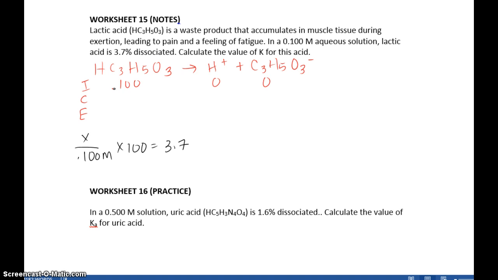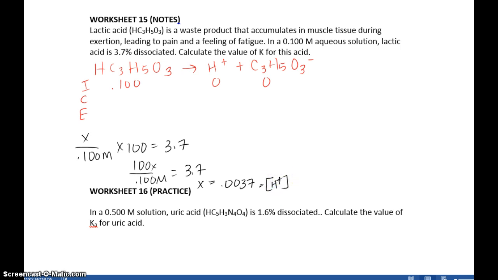If we multiply this x times 100, if it's simpler to look at, you can make it 100x over 0.1 is equal to 3.7. And then if you solve for x by multiplying by the 0.1 and then dividing by 100, you end up with x is equal to 0.0037, which is equal to my hydrogen ion concentration.